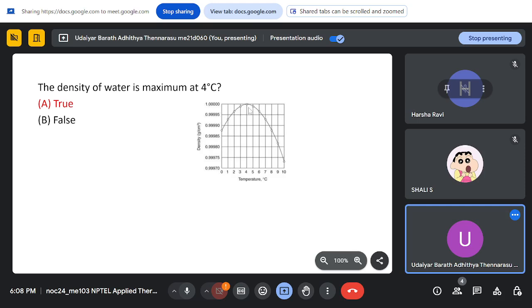So that's why when you go below 4, your ice basically expands in water. So that will increase the total volume, so your density is reducing. But any normal fluid, with reducing temperature, your density will increase. But water is a peculiar case where at 4 degrees it will have a maximum and then it will start dropping.